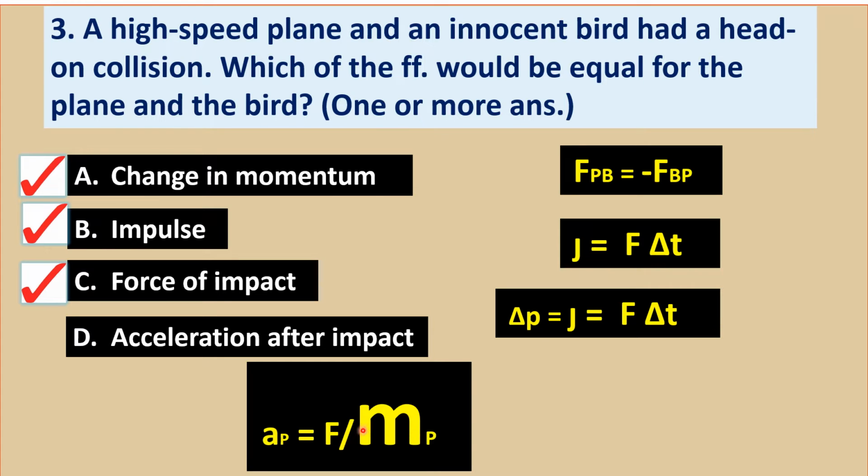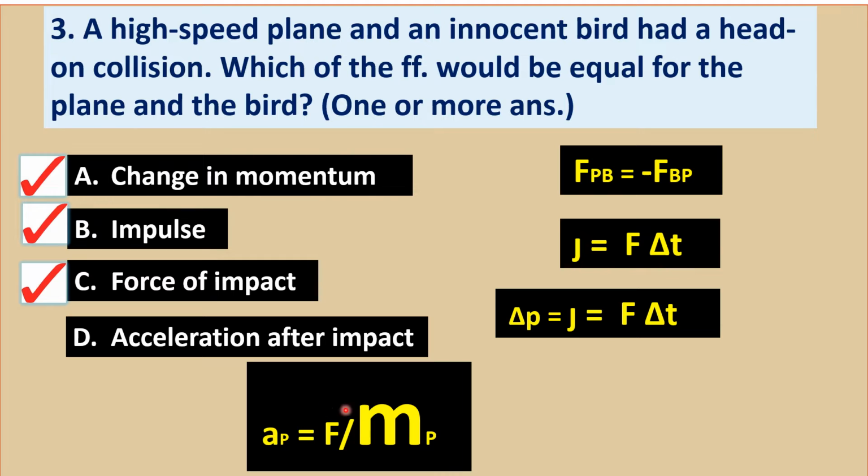When the force F is divided by a big quantity mass, what do you expect to happen to the acceleration? A is inversely proportional to the mass. We know that. With constant F, as you increase the mass, the acceleration will be very small.